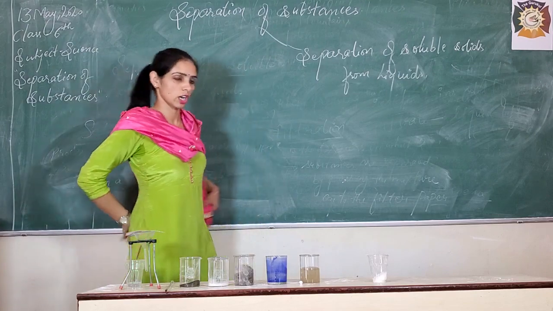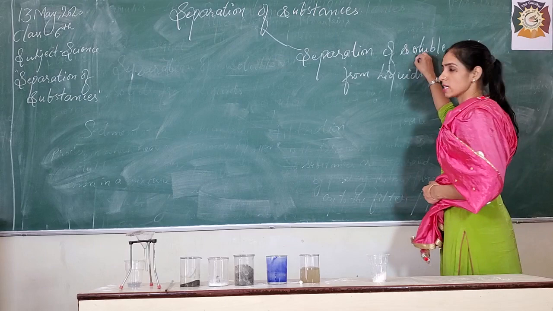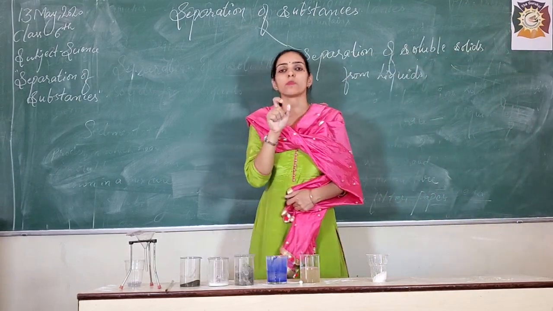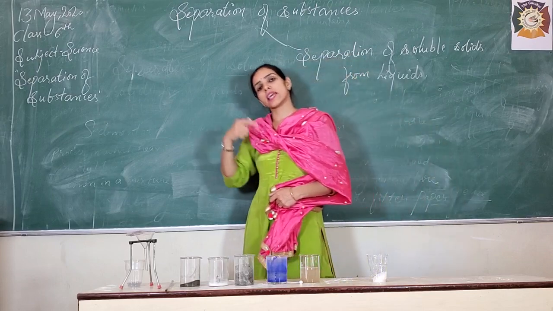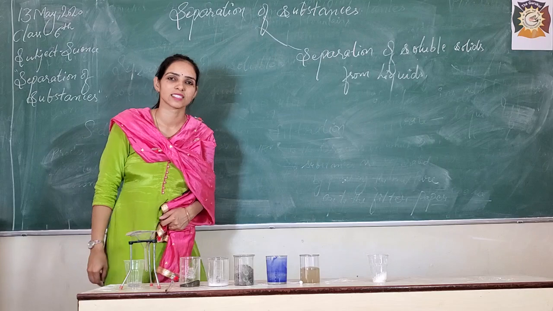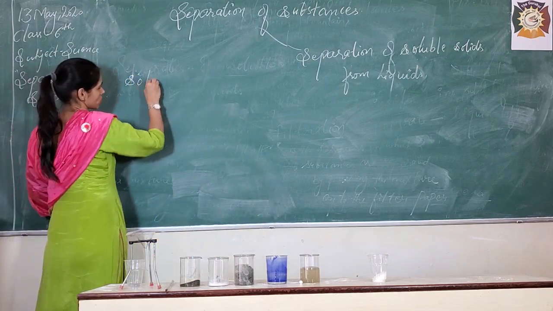I have explained to you the meaning of soluble. The solids that are dissolved in liquid are known as soluble. You know what happens when a soluble solid dissolves in a liquid? What do they form? They form solutions. You must have read this in your previous classes.